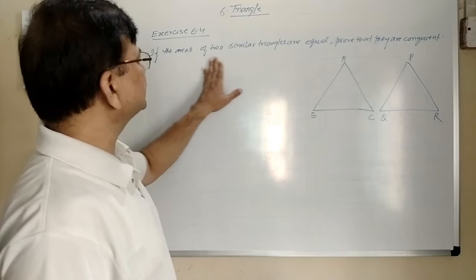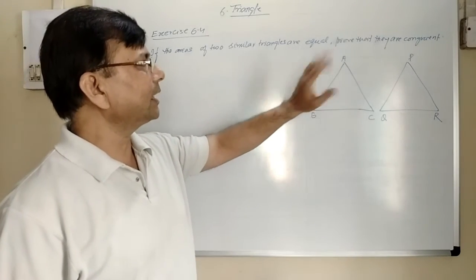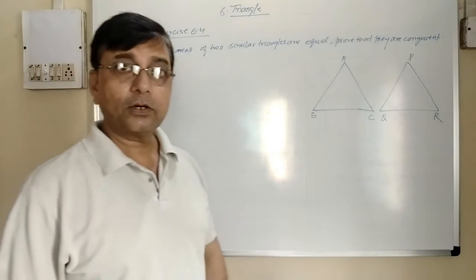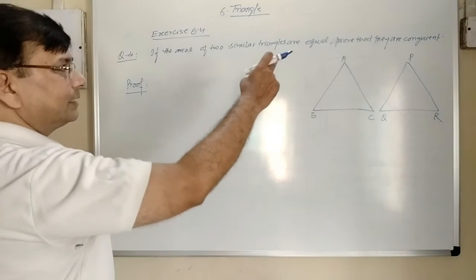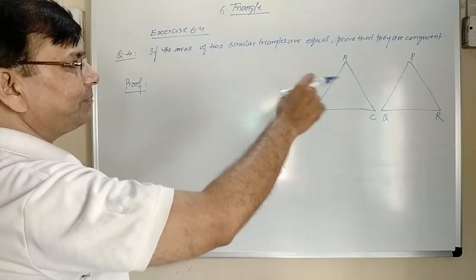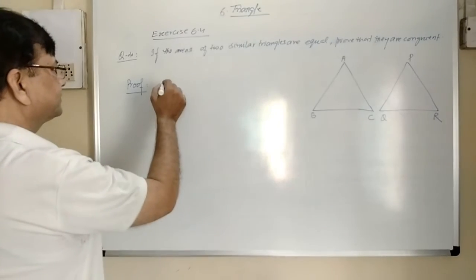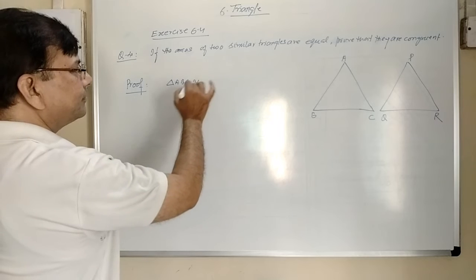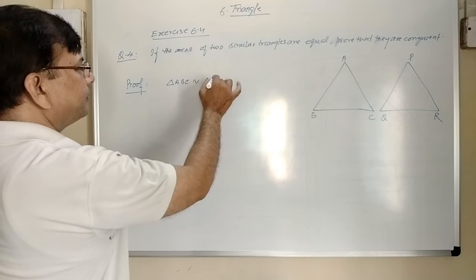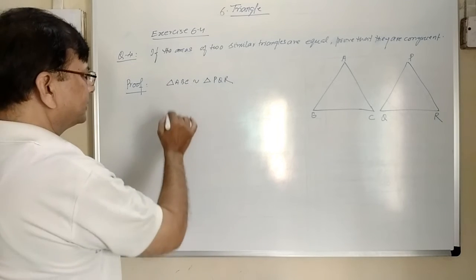If the areas of two similar triangles are equal, prove that they are congruent. So given that triangle ABC and PQR are similar, triangle ABC is similar to triangle PQR.